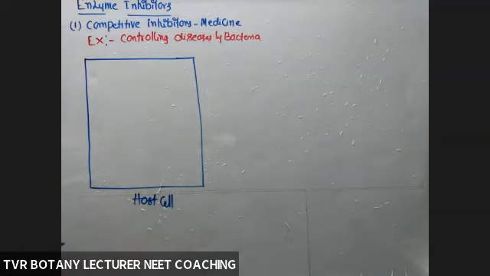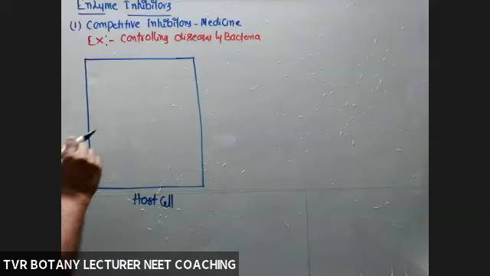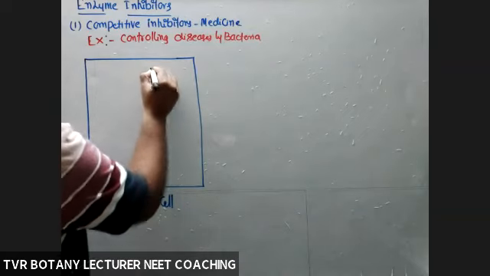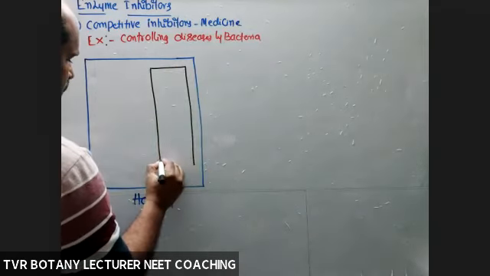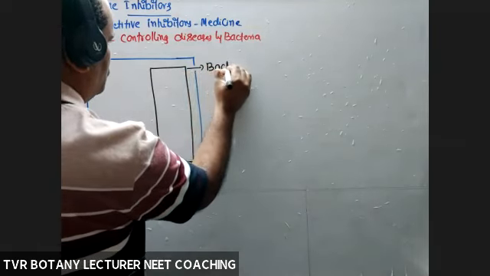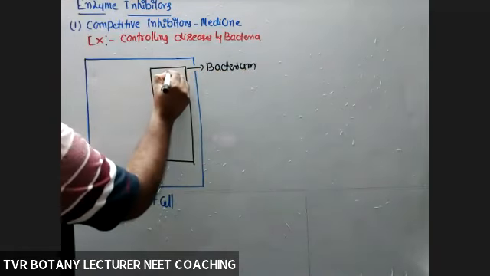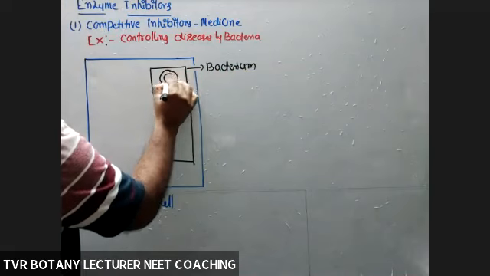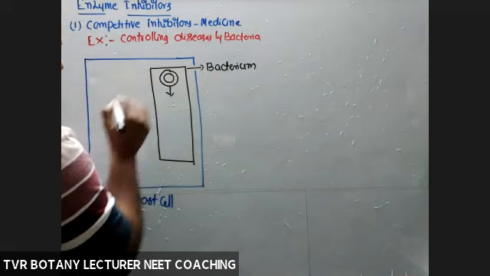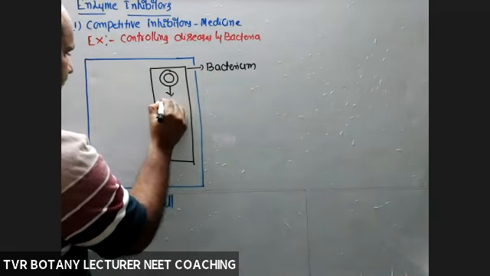And inside that host cell, for example only, this is a bacterial cell, the bacterium. And this is a genophore, genetic material of that bacteria, and that codes for synthesis of an enzyme, whatever the type of enzyme. So this is an enzyme.